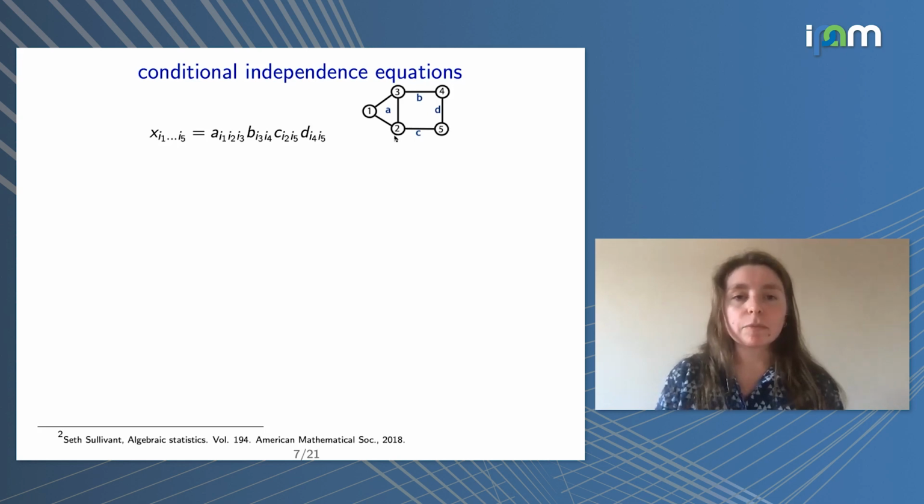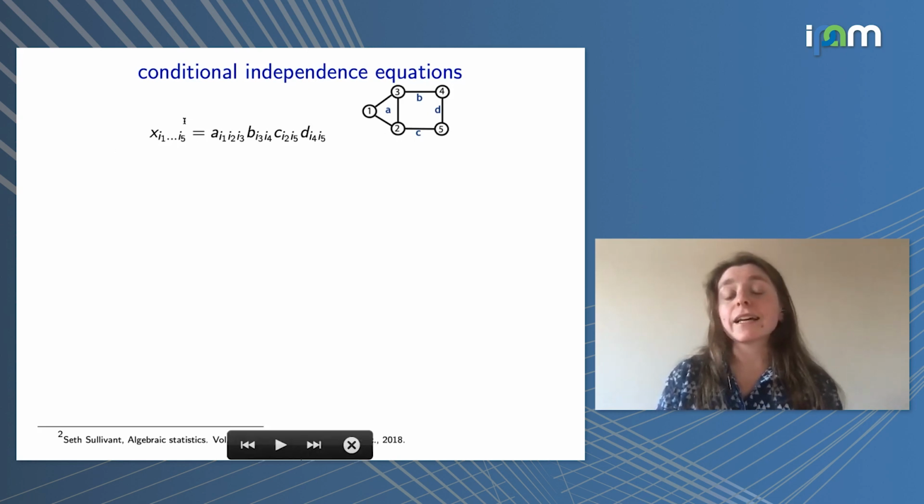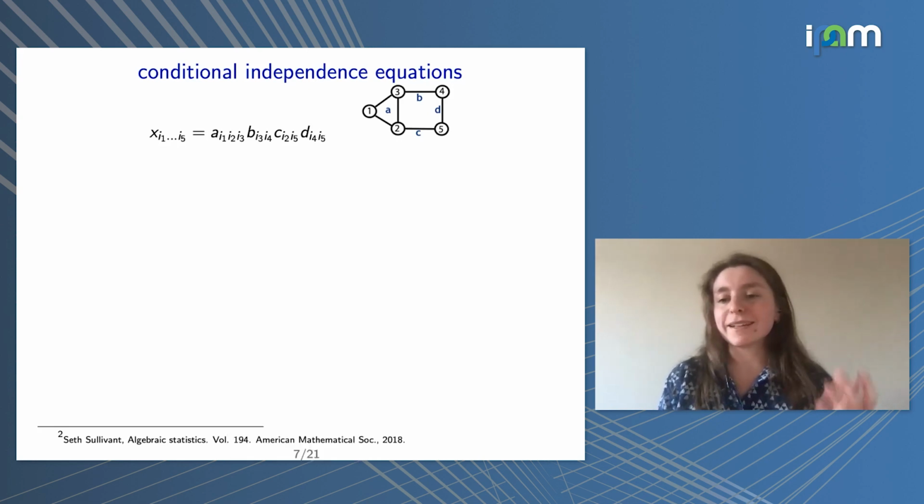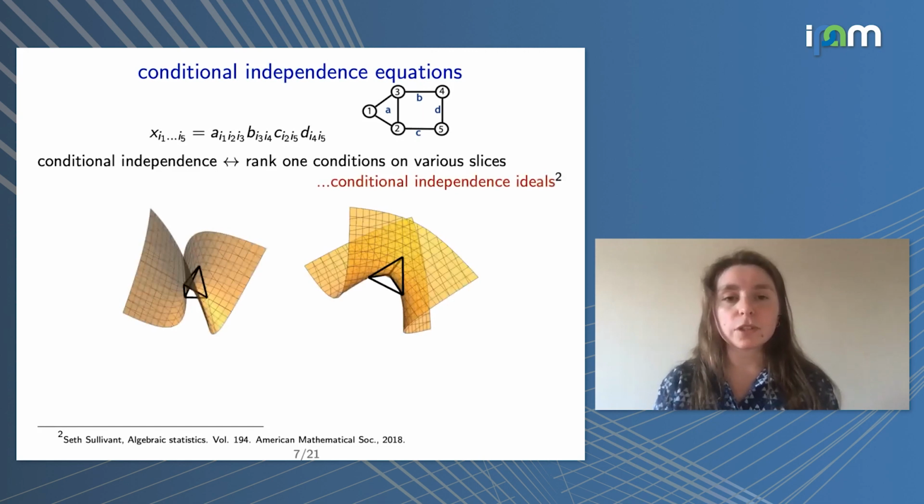All right, so we can consider the set of all order 5 tensors in some dimensional space that factor in this form. So this is not just a set, but has nice algebraic structure. And we can see from looking at the decomposition that conditional independence corresponds to various rank 1 conditions on various slices of the tensor.